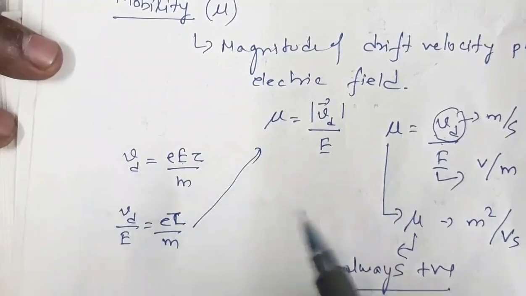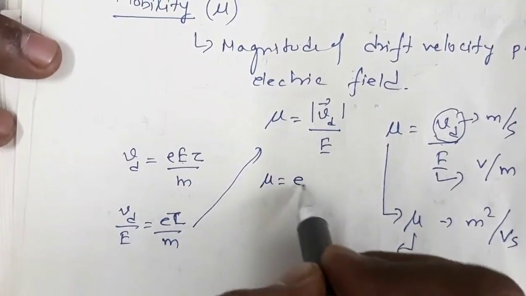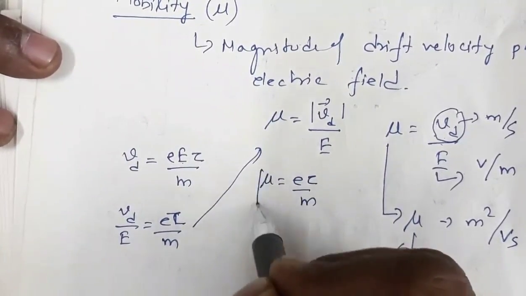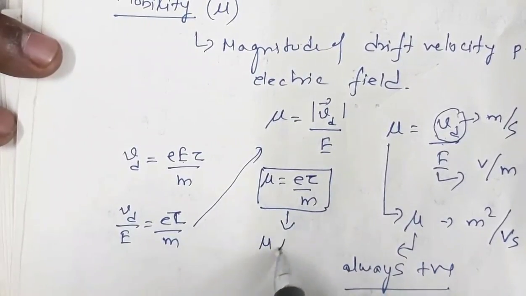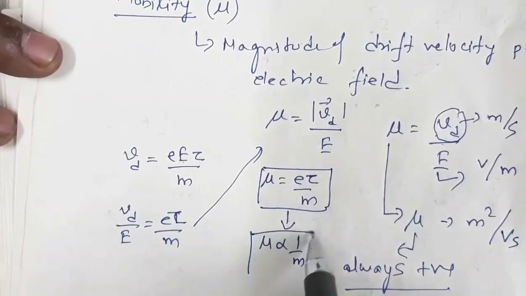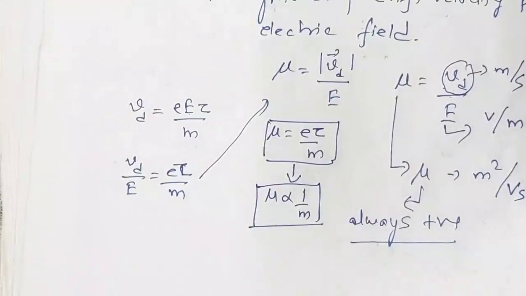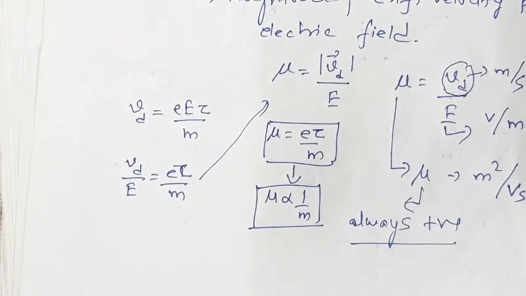If I substitute this over here, I have mu is equal to e tau by m. So this shows that mobility is inversely proportional to the mass of the charge carriers. Obviously, the greater the mass, the less will be the mobility. The smaller the mass, the greater will be the mobility.